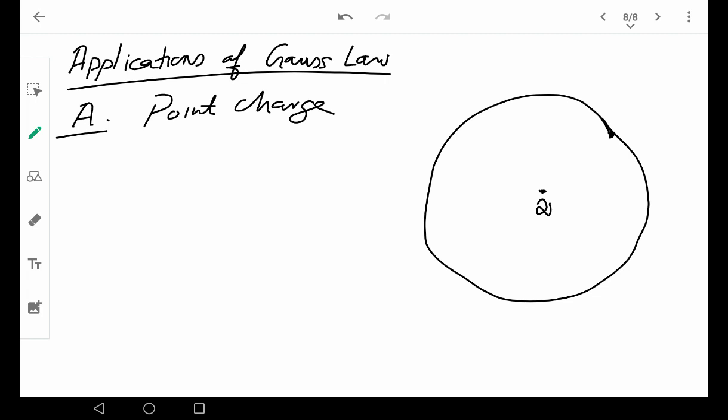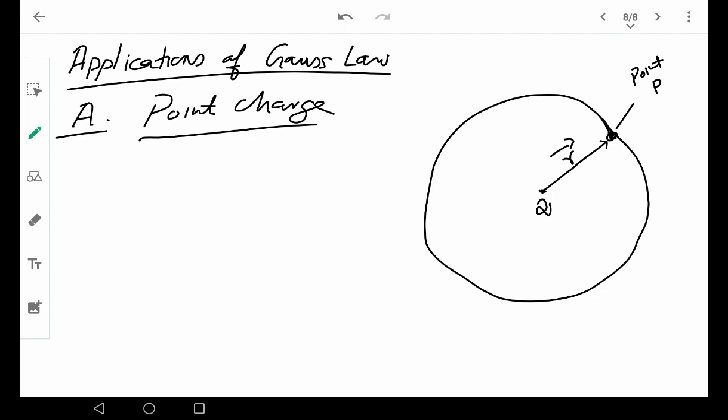So this is the point P, and I want to find out the flux density at this particular point. I will draw a radius like this, R. You can say it is a radius vector.